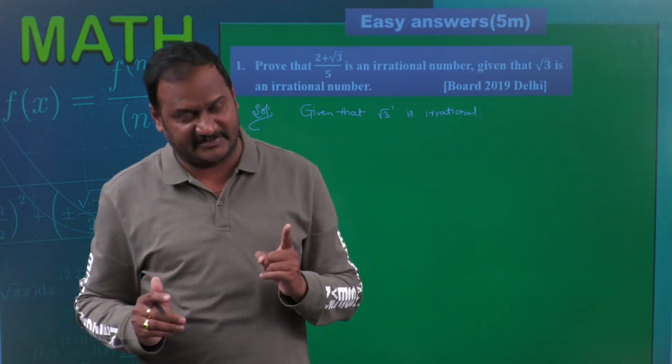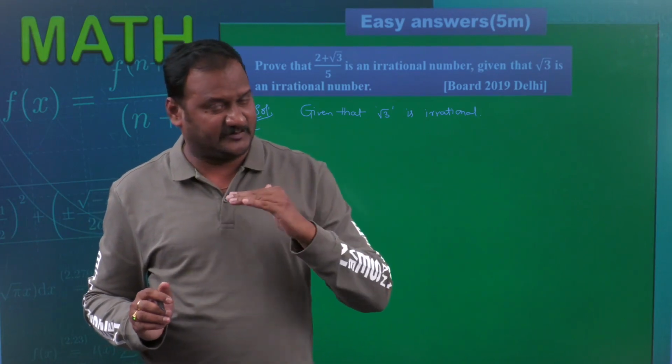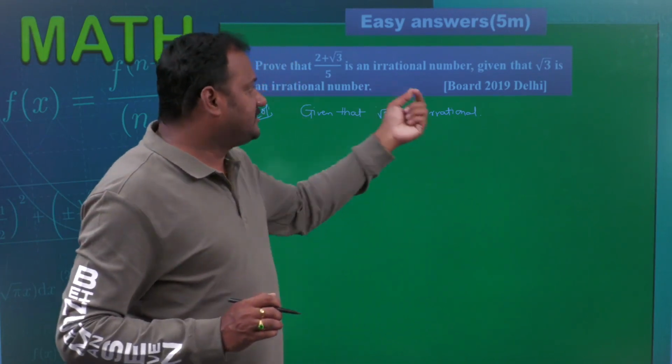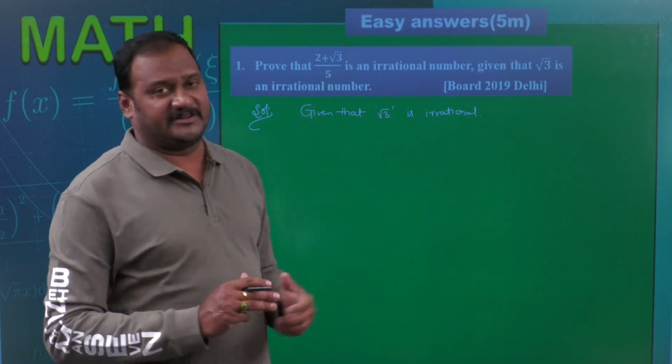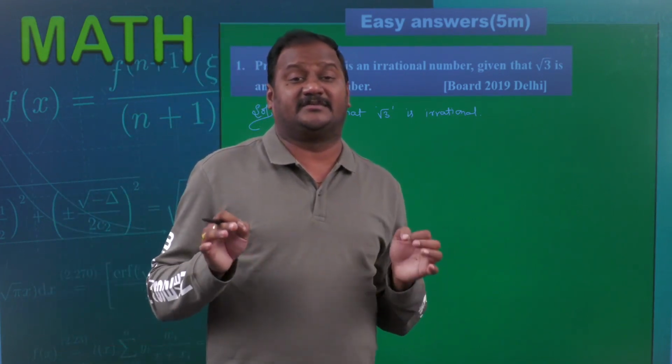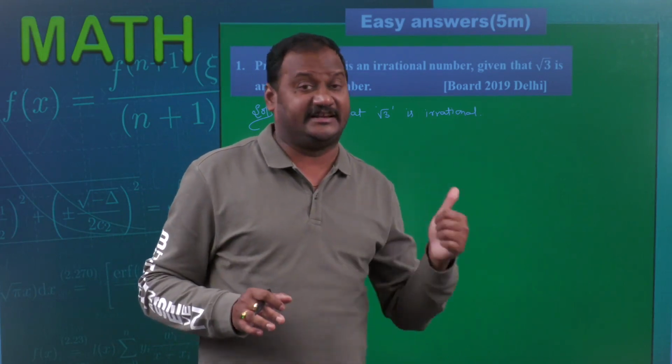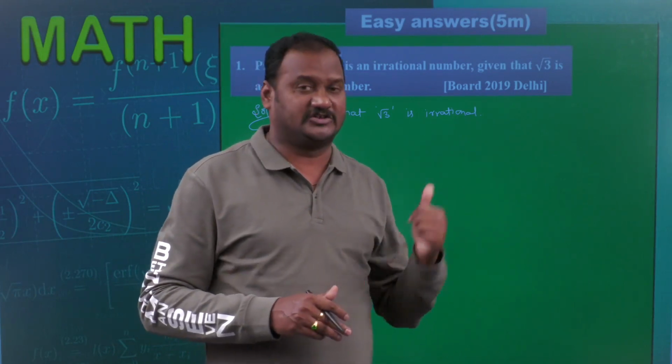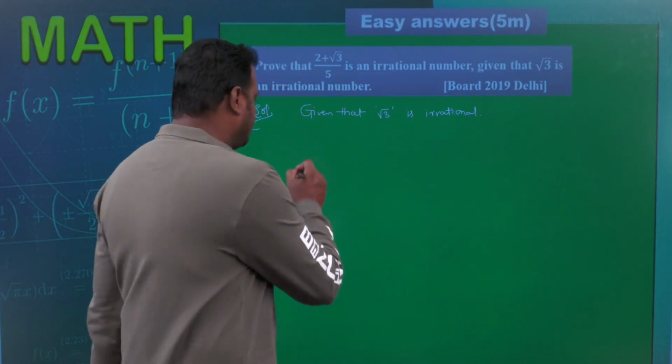Hope you understand the difference between the direct and indirect method of proof. In order to prove that root 3 or this kind of numbers are irrational numbers, the easiest and most useful method is the indirect method of proof. So let us start with the indirect method of proof.